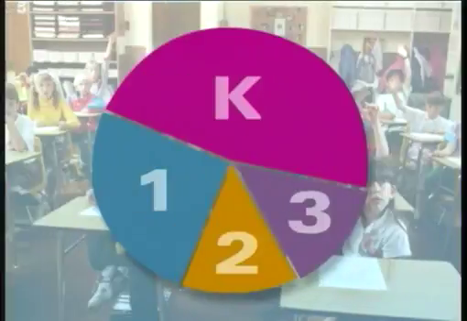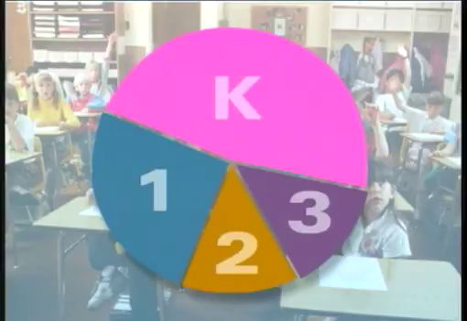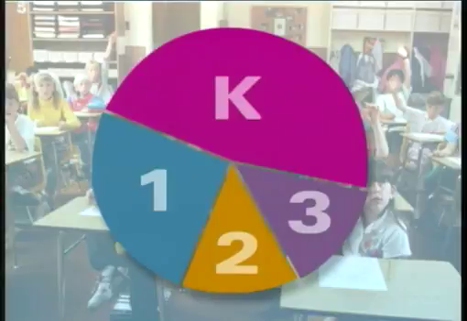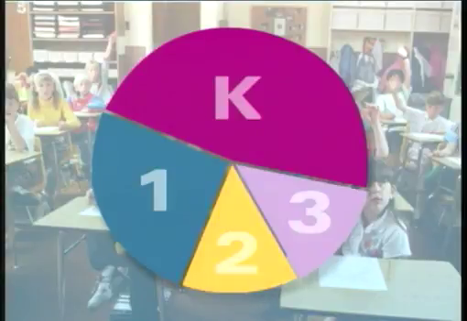Which class is the biggest in the school? The biggest piece of pie is the kindergarten. It has the most students. Do any classes have the same number of students? The 2nd and 3rd grades are the same size in this school.